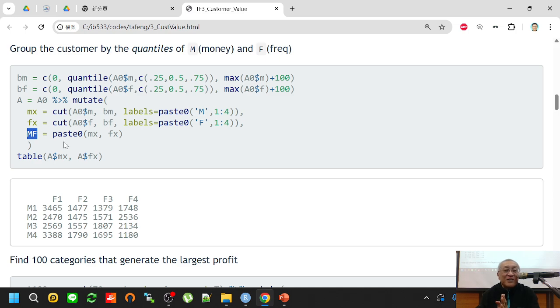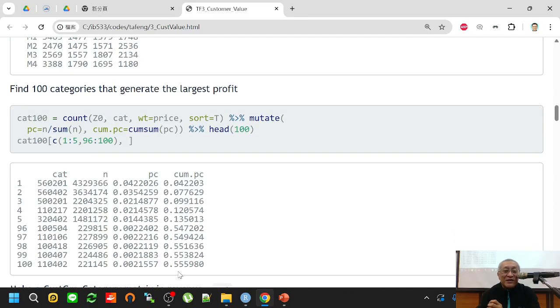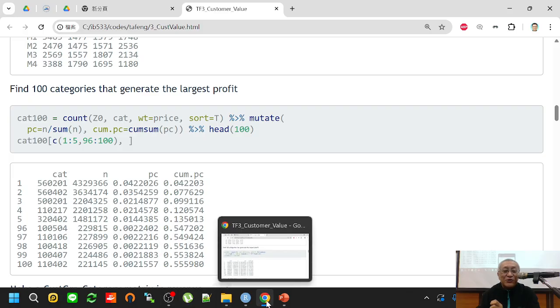I divide the customers by their buying frequency and their average buying amount. Let's see it this way, so it's easier for you to understand.